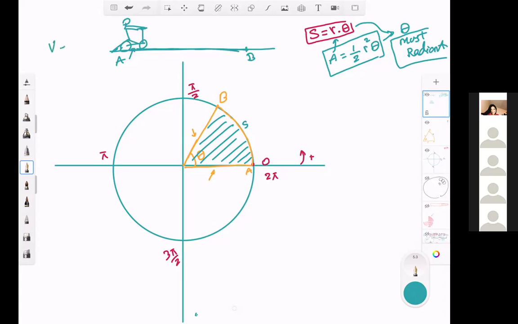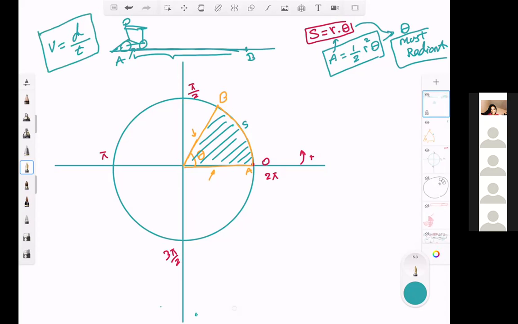V will be distance from here to there divided by time. That's how we find the speed of a person or a car or anything. So velocity or speed equals distance divided by time.